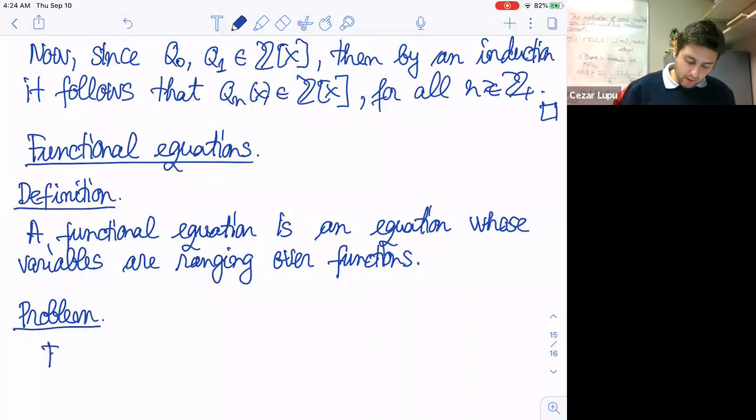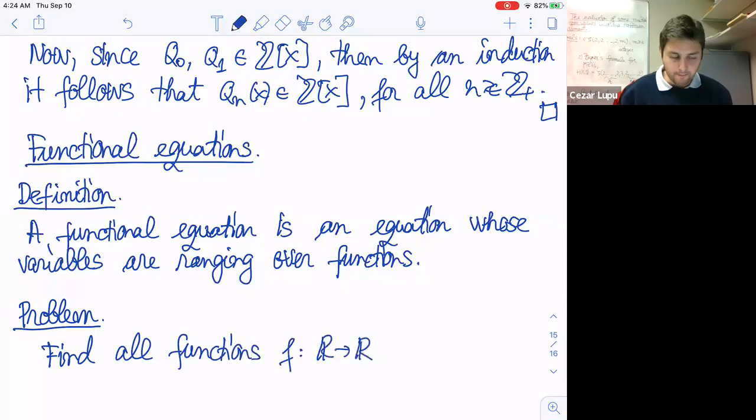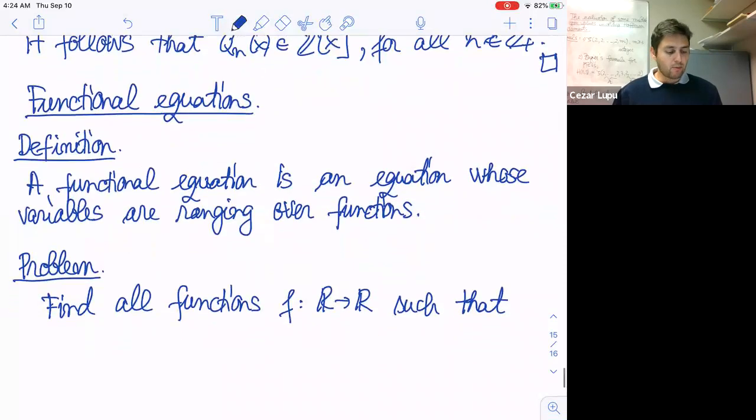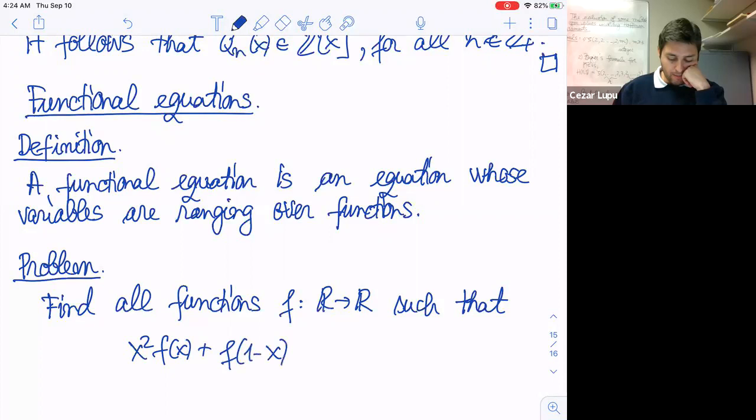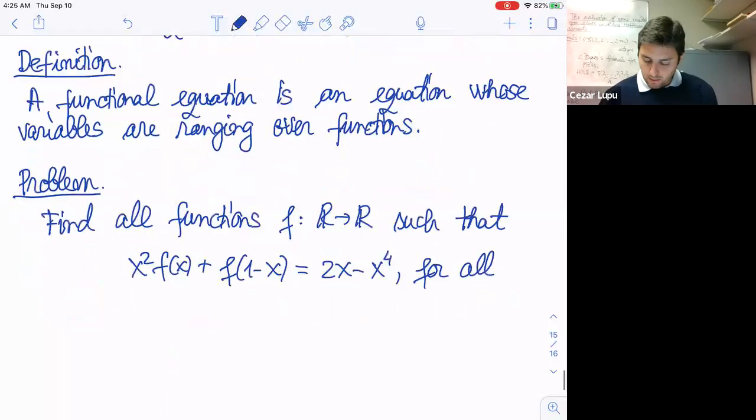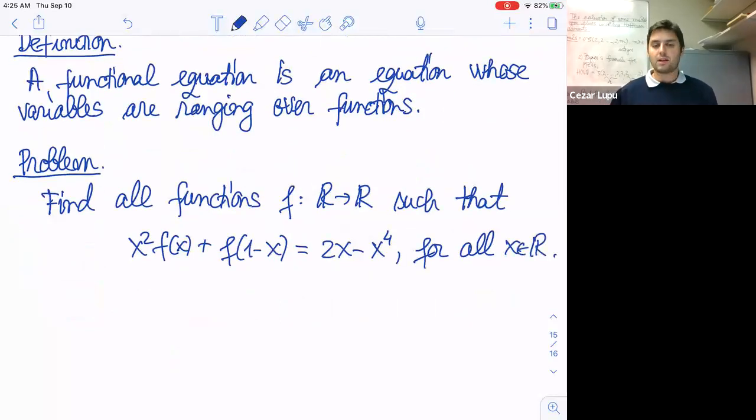Find all functions from R to R such that x squared times f of x plus f of 1 minus x equals 2x minus x to the 4th, for all real x.